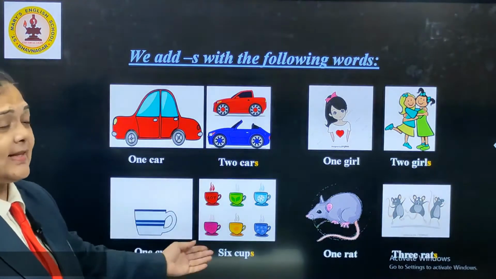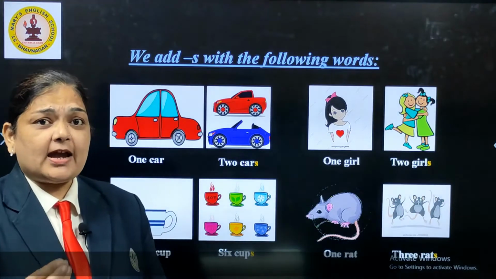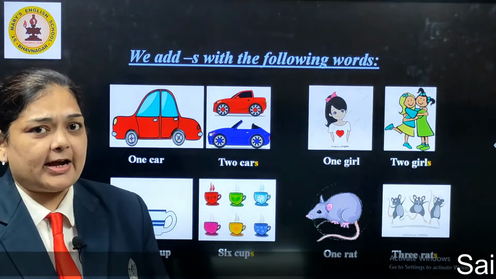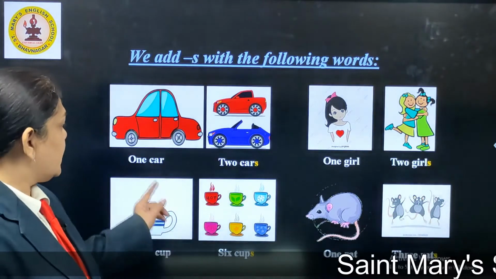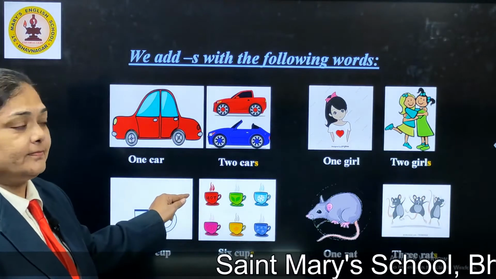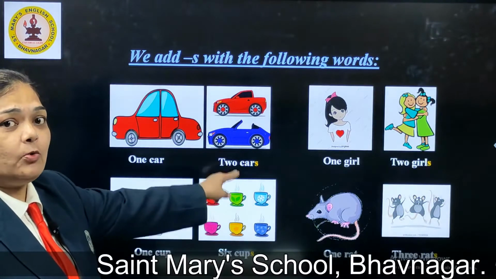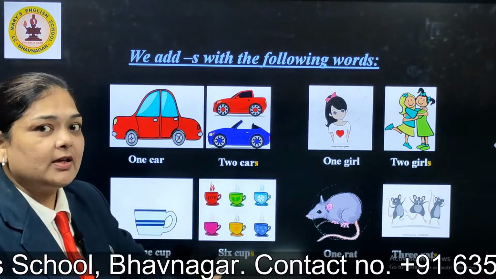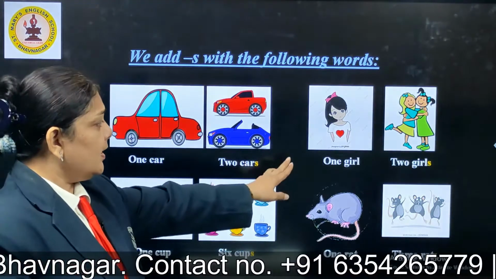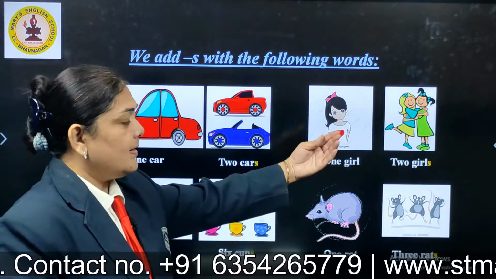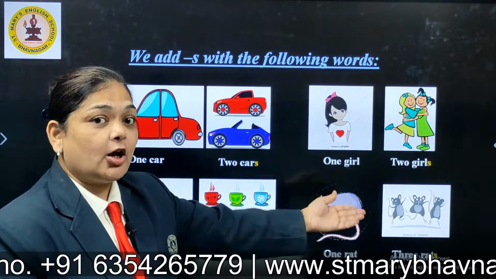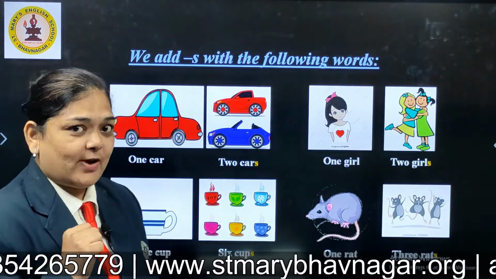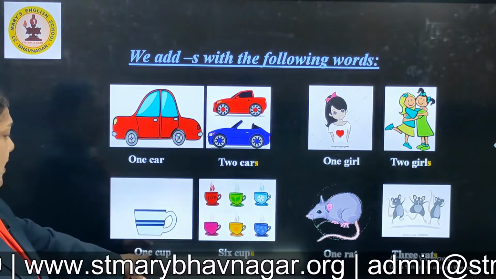Now here are some examples where we add only S at the end of the word. 1 car. How many cars are there now? 2 cars. So you are adding one more S over here. 1 girl. And then next, how many girls are there? 2 girls, right? Yes.